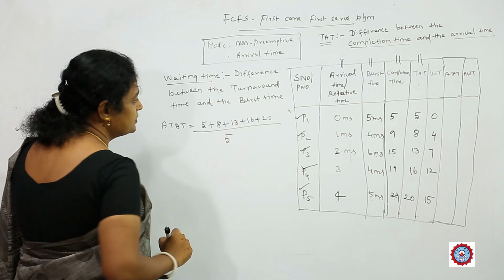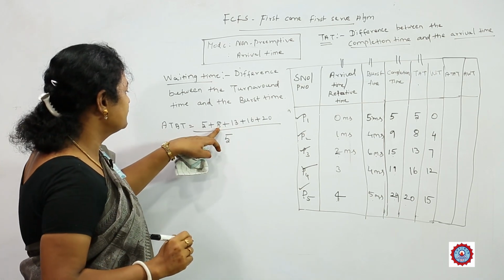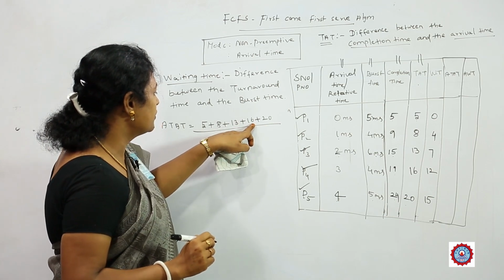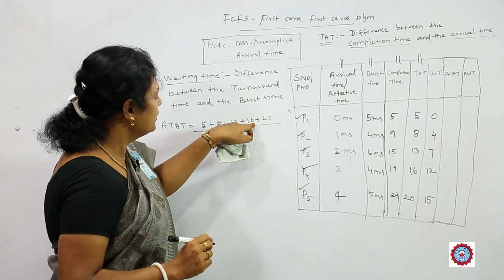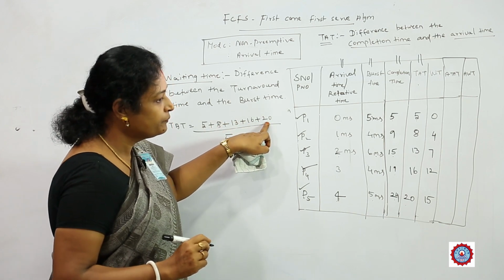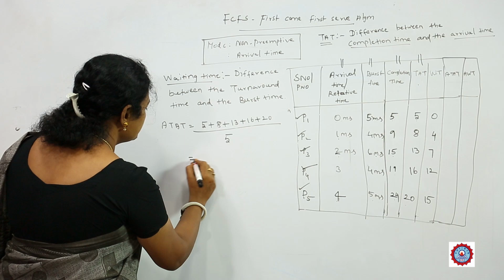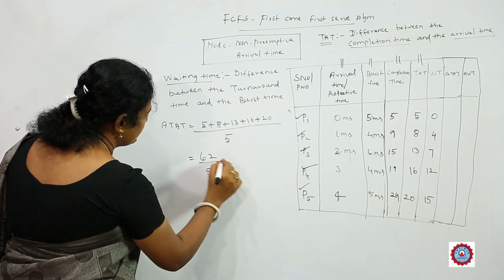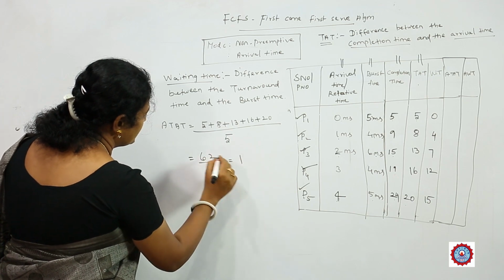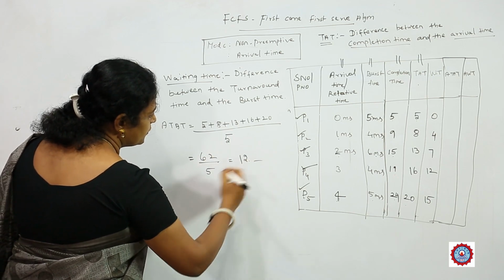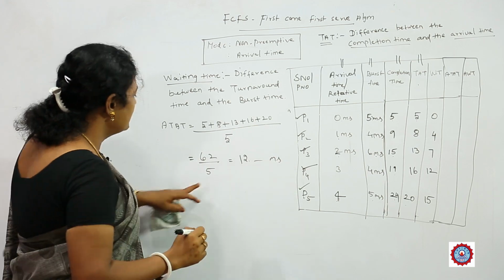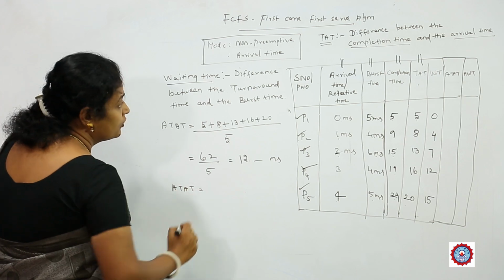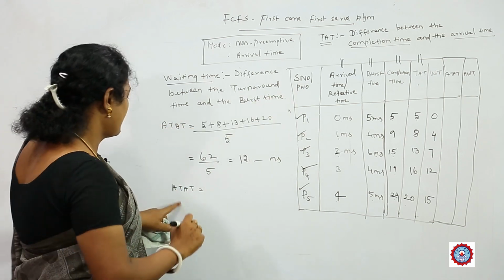So, number of processes 5. 8 plus 5, 13, 26, 42, if I am not wrong, 42 plus 20, 62. So, 62 divided by 5, 12 point approximately. So, this is the average turnaround time for this tabular column.